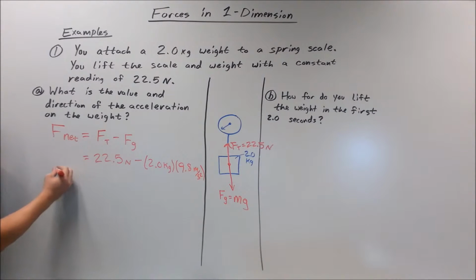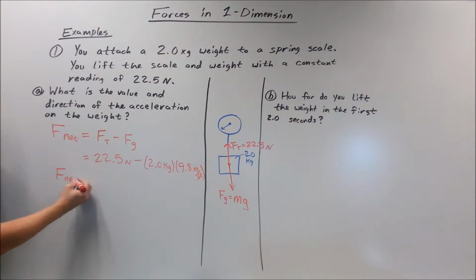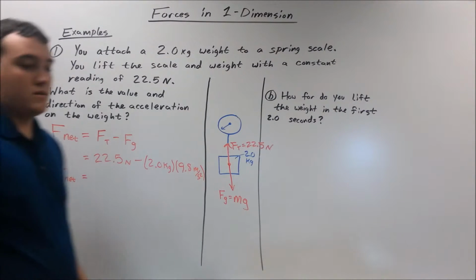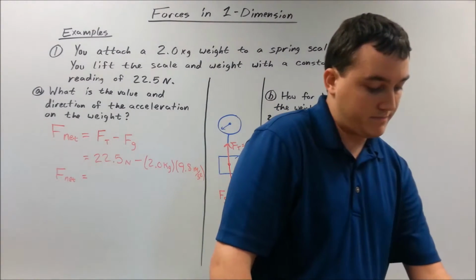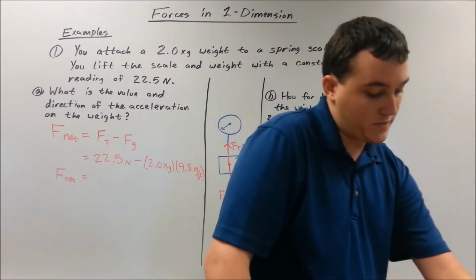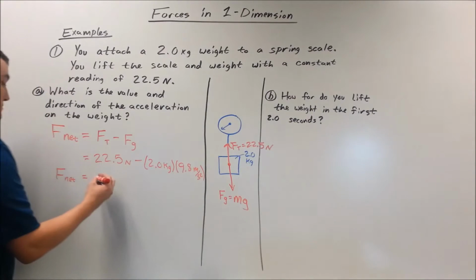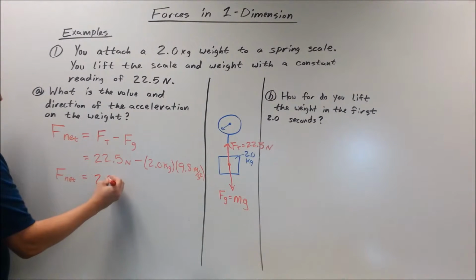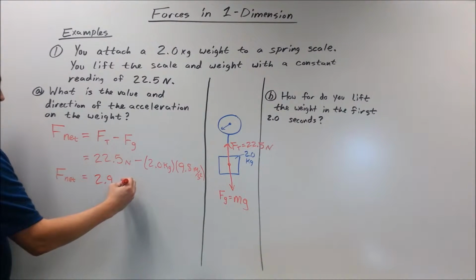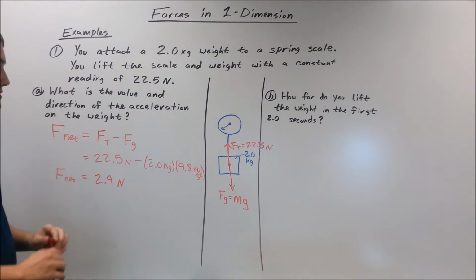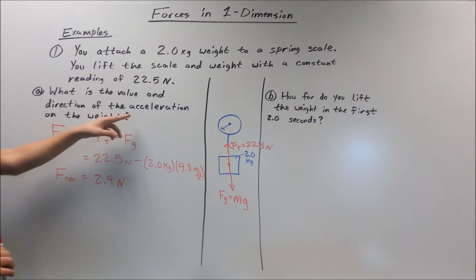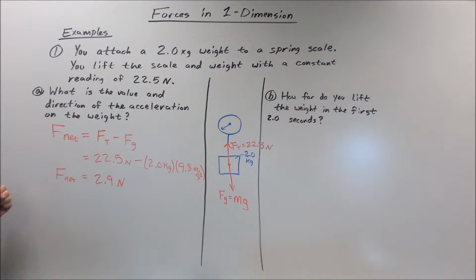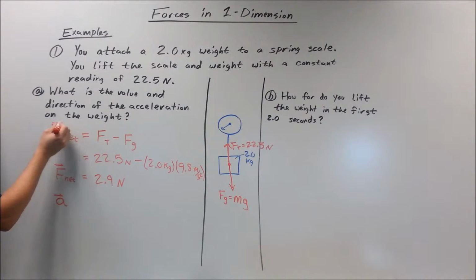So that gives us the total net force, which happens to be 2.9 newtons. Now it wants us to find the acceleration of the weight. Alright, so we know our acceleration, and we can make all of these vectors, because that's what they are.